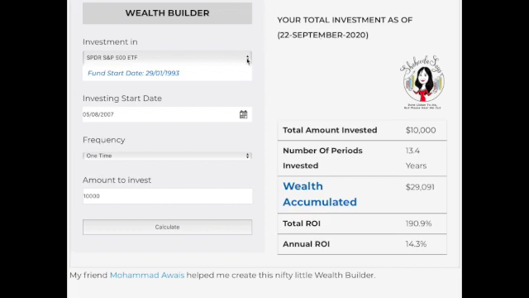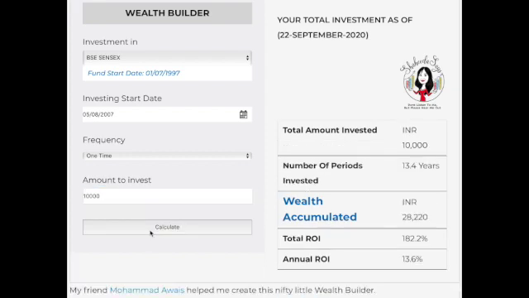Let's see what happens if we had chosen Bse Sensex, which is the Indian stock market, same date, one time. And in this case, 10,000 will be 10,000 rupees. We would have 13.6% return. Your 10,000 rupees would be worth 28,220 rupees.